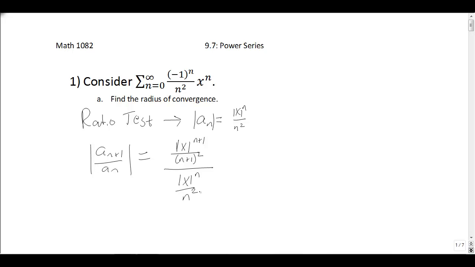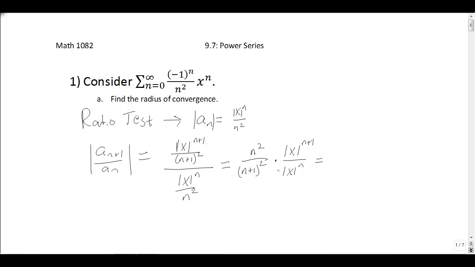So I need to simplify this. For the ratio test, I basically want the limit of this whole big fraction as n goes to infinity to be less than 1. Here's what I need. I'll get n squared over n plus 1 squared, since the bottom of the bottom becomes a top, times absolute value x to the n plus 1 over absolute value x to the n.